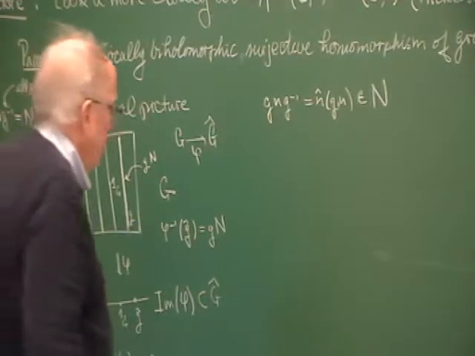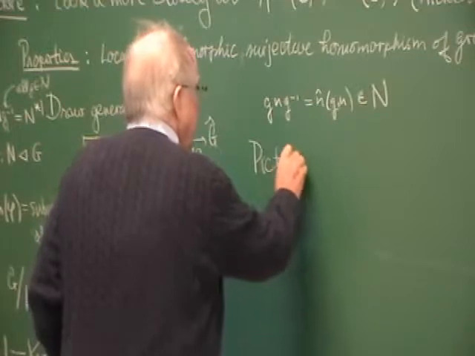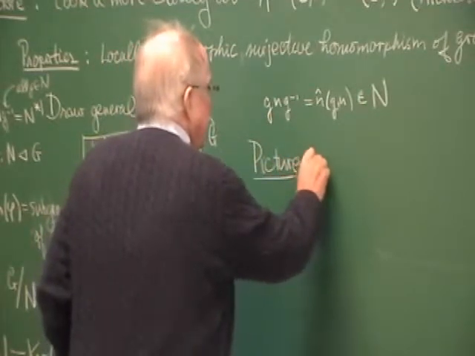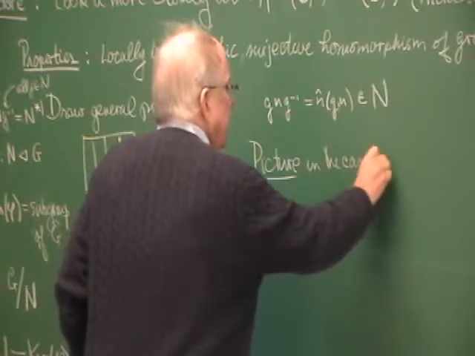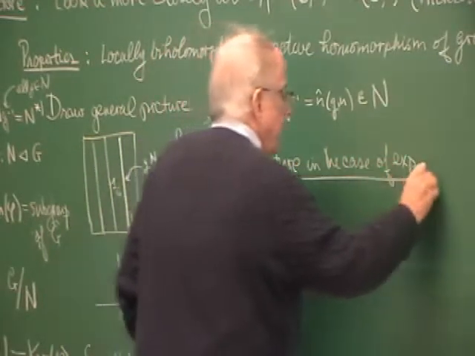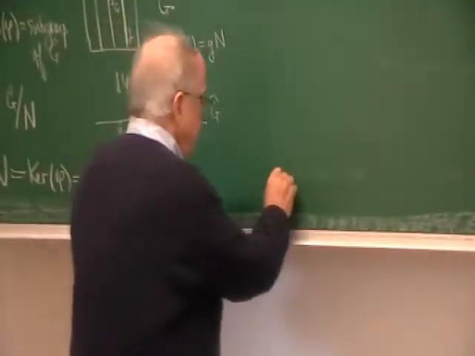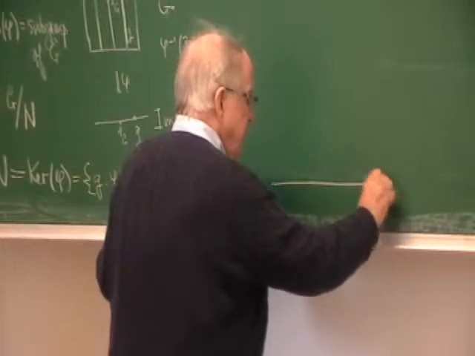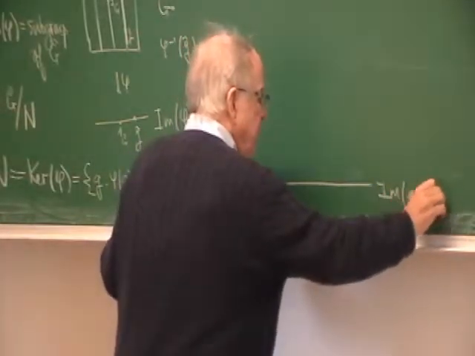And now the real picture in the case of X will be, as you will see, and I'm going to prove it right now, that this is the image of X, and the image of X we know is the full C star.